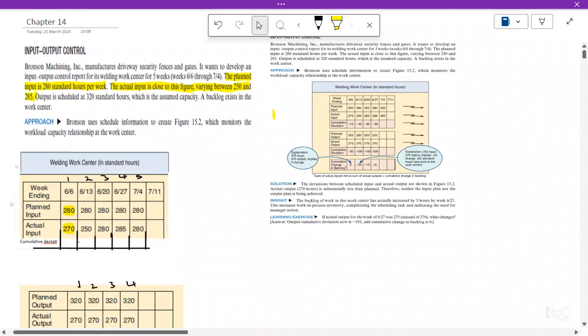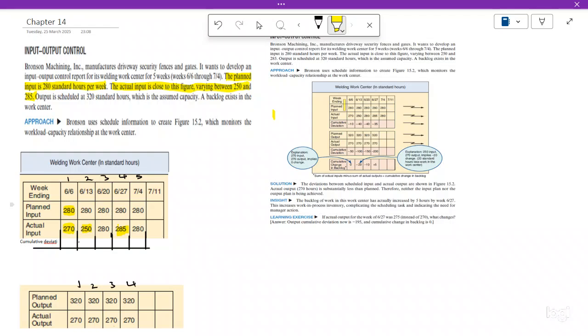That's a variance, meaning there is a difference. Then output is scheduled at 320. That's a planned output, which is the assumed capacity. A backlog exists in the work center.